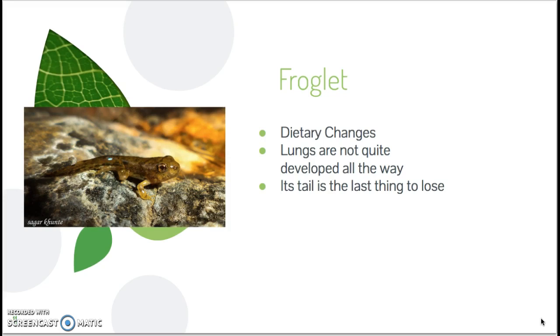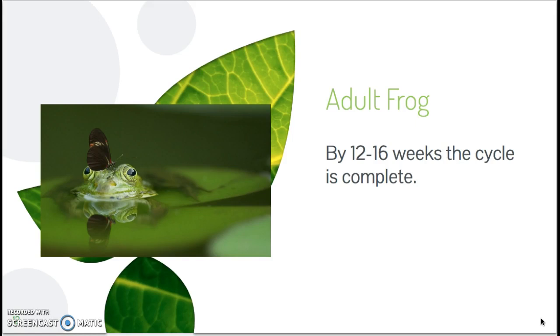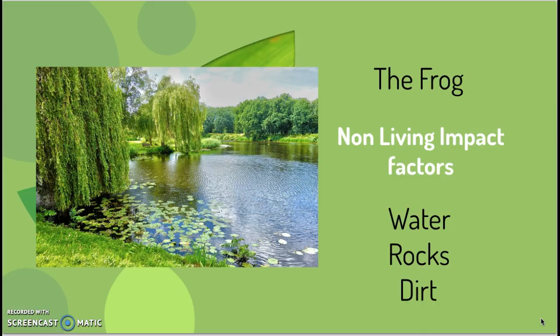Again, transitioning. Once they become a frog, they've lost their gills, and then make their way up onto land as an adult frog. Adult frogs can spend time both on land and in water. They do like to stay moist. But the start to finish duration of the cycle to become an adult frog is between 12 and 16 weeks.